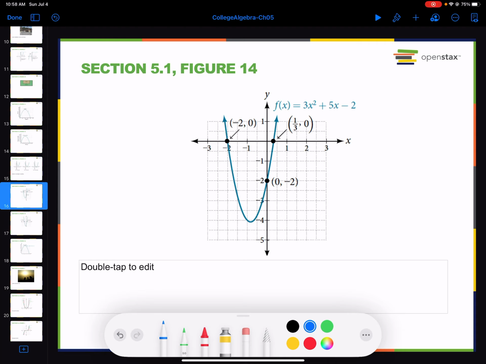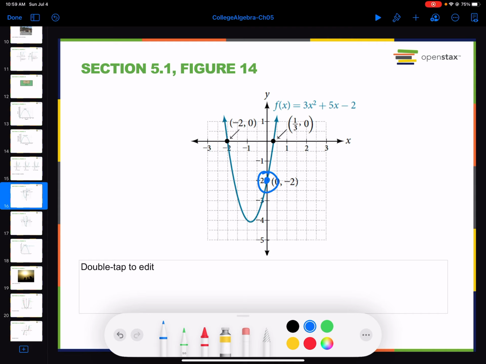The easiest one to me is the y-intercept, because you just plug in 0 for x and find out what's left. So negative 2 is what's left. There's our negative 2, our y-intercept. And then x-intercepts are a little bit trickier. Depending on whether or not the function is factorable, we can try to factor it. You can plug it straight into the quadratic formula, or you can rewrite it in vertex form and then solve it from there, whichever you think would be easier.